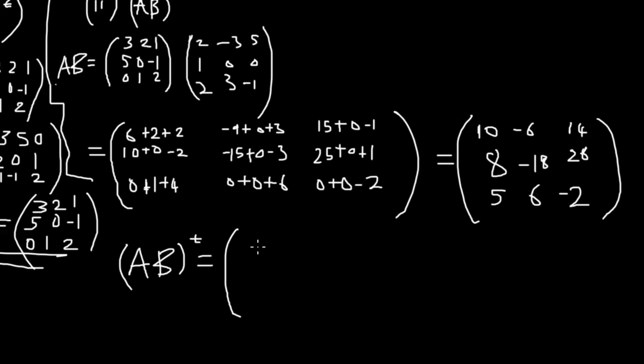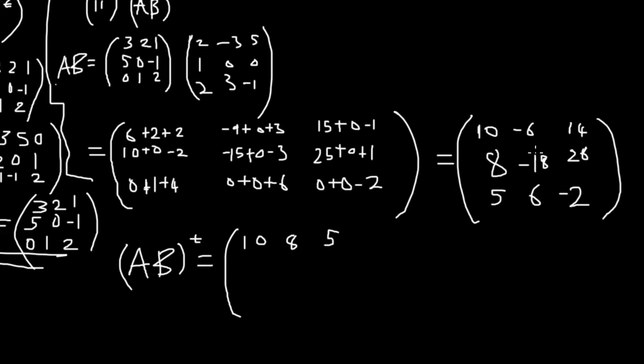So what I'll do is I'll write my 10 there. I'll change all the rows into columns and all the columns into rows. So this column 10, 8 and 5 will go into the first row there. 10, 8 and 5.